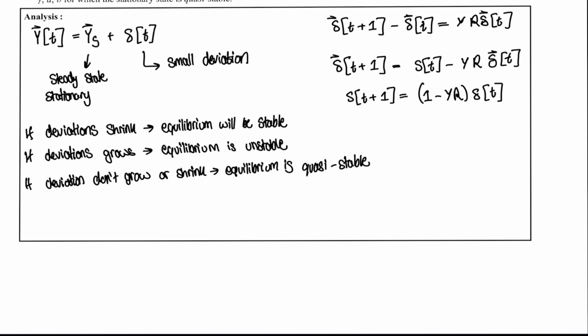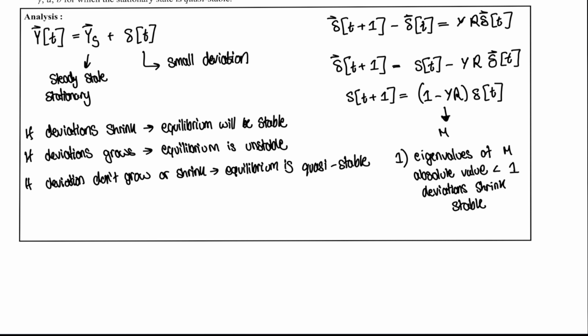So now, this is the matrix, if I call this M, that moves or controls these deviations. So now we have a couple of rules. If the eigenvalues of this matrix M have an absolute value less than 1, deviations shrink and are therefore stable.